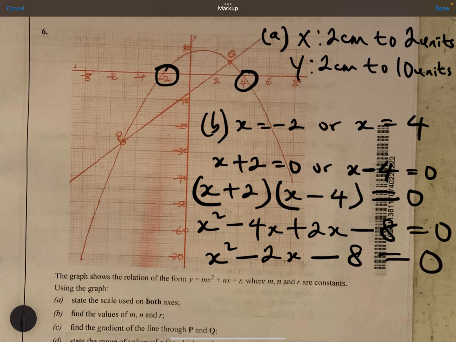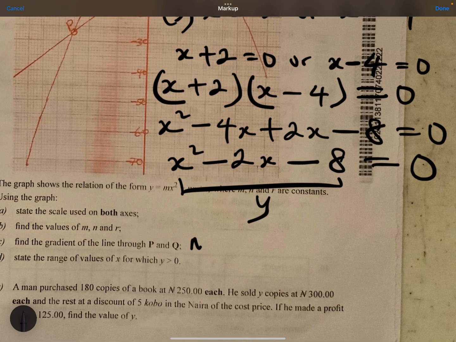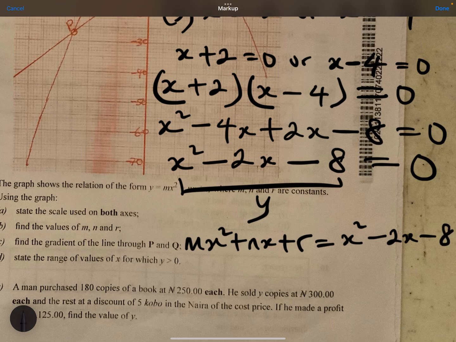So this is the same as y, which means mx squared plus nx plus r is the same as x squared minus 2x minus 8.